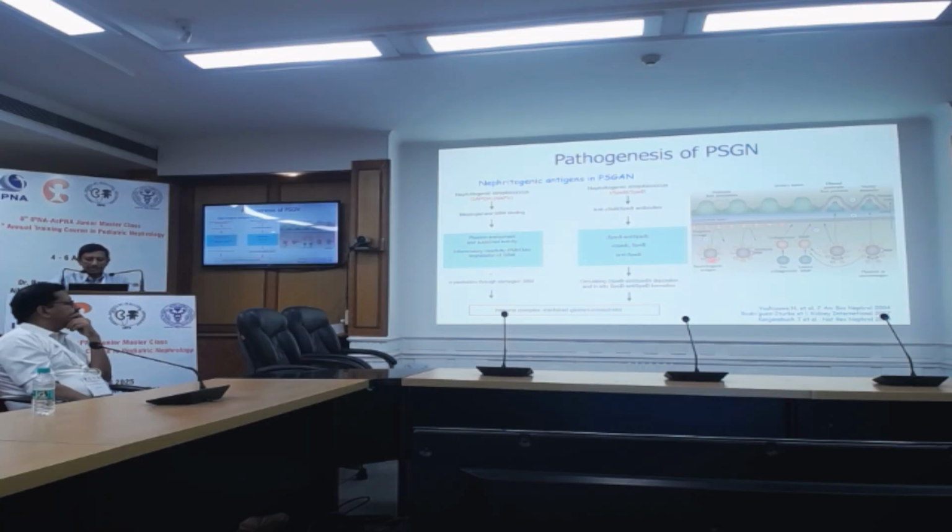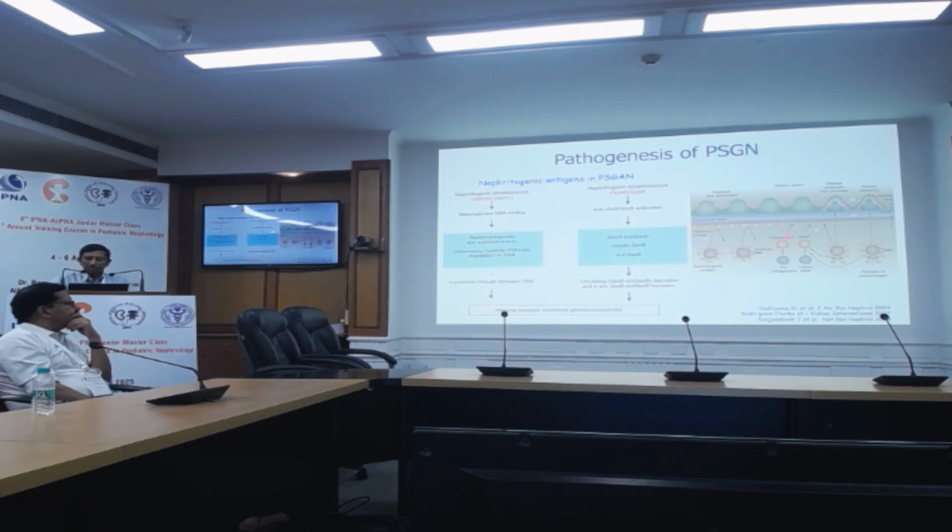So in this figure, you can see that the nephrogenic antigens by themselves are usually negatively charged, so they are repelled by the GBM. But by interacting with plasmin or plasminogen, they tend to activate certain enzymes like collagenase or these MMPs, metalloproteinases.